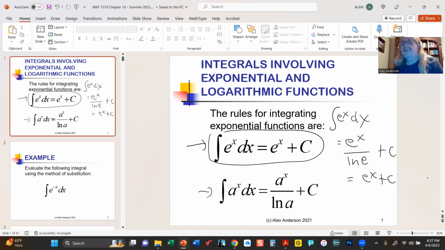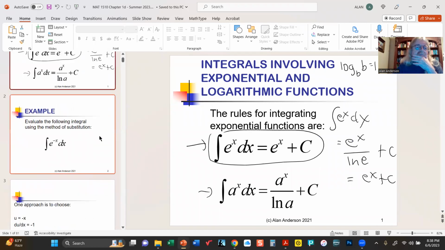Yes, that's because it's base e. So the log of any base b is just 1. So if we have e to the x or some function of it, calculating integrals is going to be very straightforward.